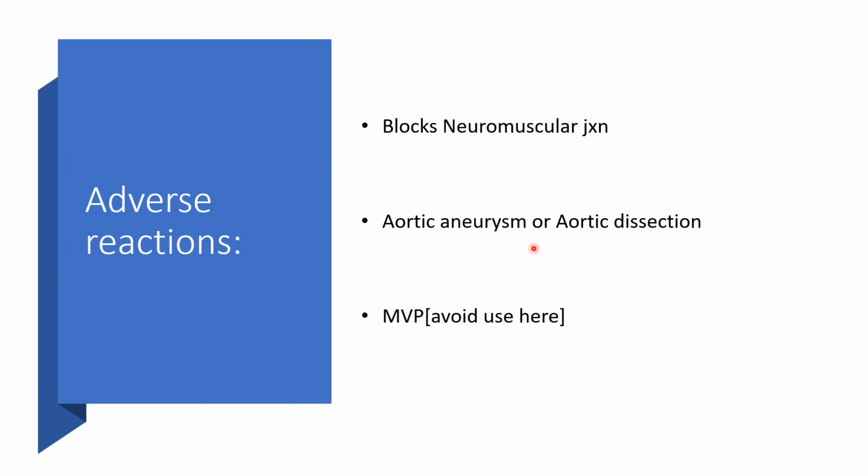We don't give it to anyone who is known to have aortic aneurysm or when that is suspected. In mitral valve prolapse, we have to avoid the use of fluoroquinolones, particularly mitral valve prolapse and regurgitation. So, no fluoroquinolones, please.